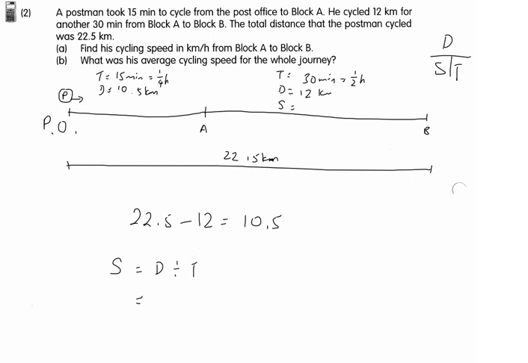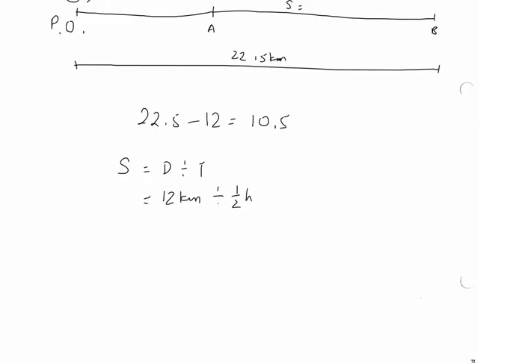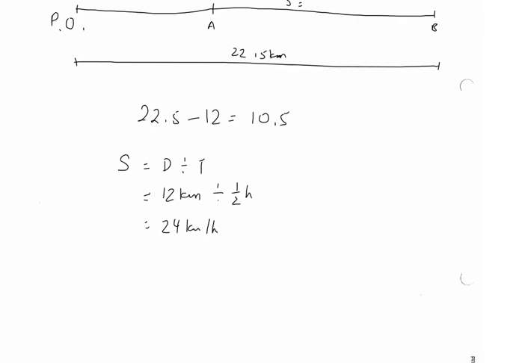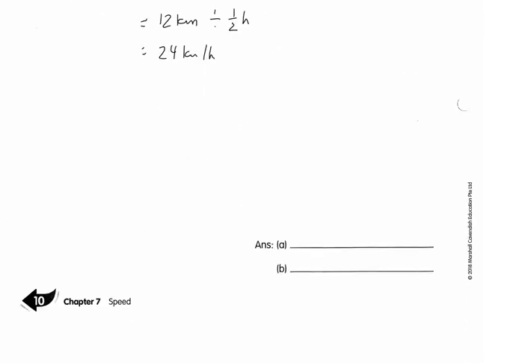We know that the distance is 12 km and time is half an hour. So with that, I know that is 24 km per hour, right? So that's the answer for part A. 24 km per hour.